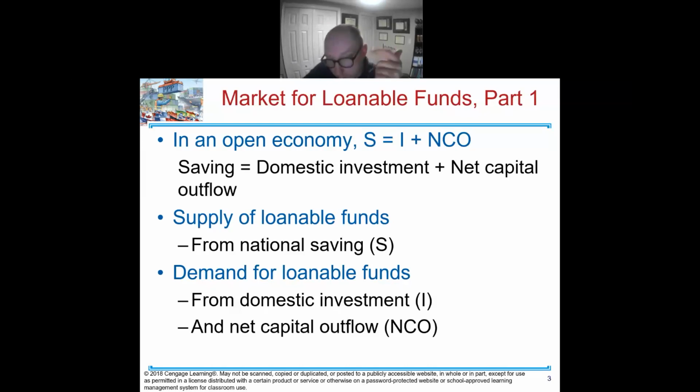So when you hear loanable funds simply means the currency that I can lend out to someone or to a company, right? If you're a bank and you can lend funds, those are loanable funds. How does a bank lend money? Where does the money come from? The money comes from us, the savers.